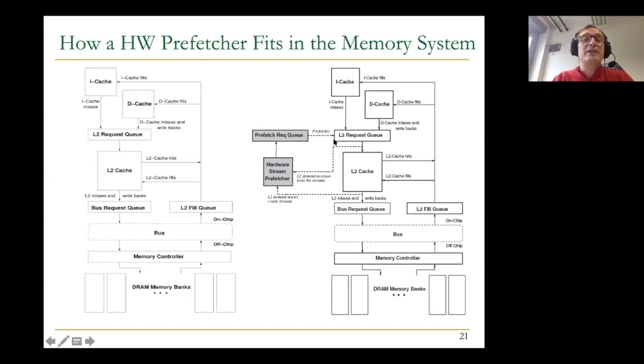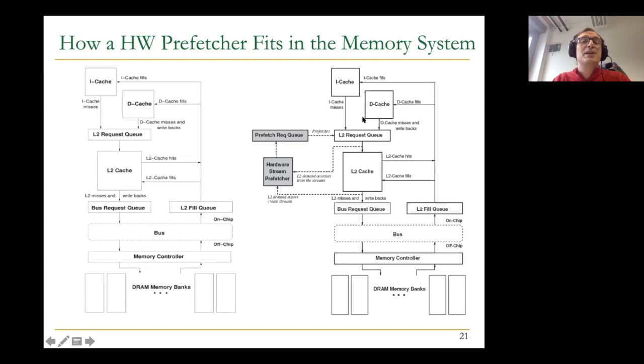So in this case, the hardware prefetcher, for example, is looking at the L2 access stream and basically sees whatever is requested by this particular processor core from the L2. And basically it can train its tables to recognize patterns.